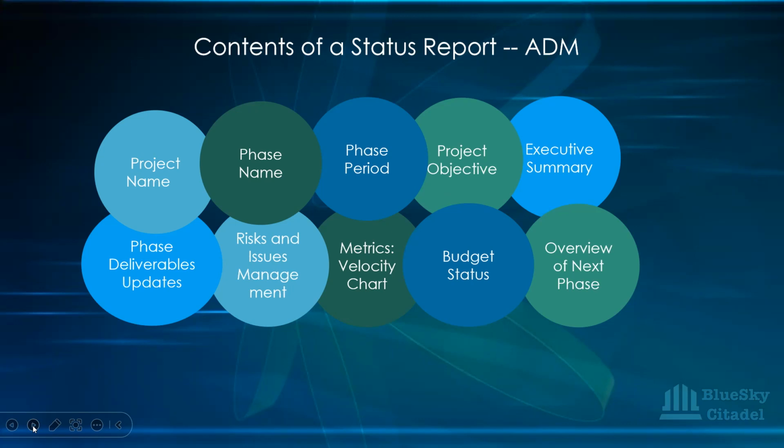I provide it at the epic level. So these are the prioritized epics that we're working on. Last sprint, how have we done? What percentage has been completed? What is remaining?